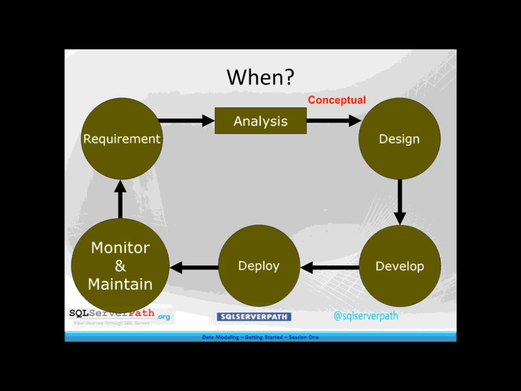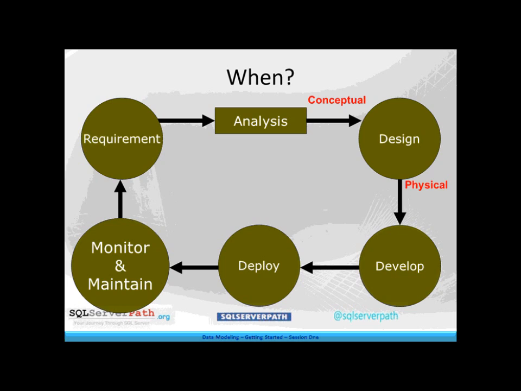That is what we call conceptual. So the conceptual data model is a prerequisite for your designing. And once you do the design, what you are going to deliver to development is the physical data model. So the conceptual data model, after analysis or before you start or during the design phase, is a deliverable to the development department or members.